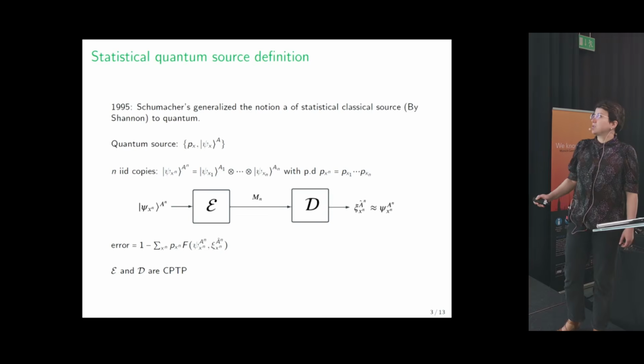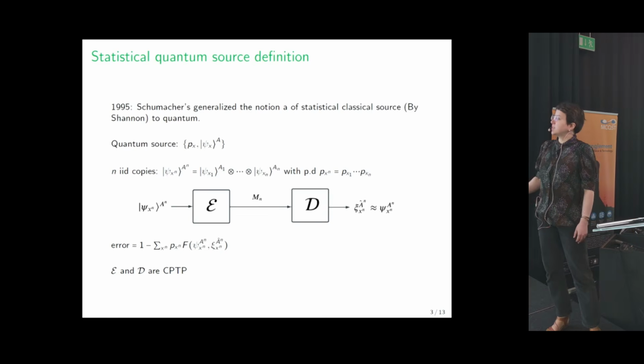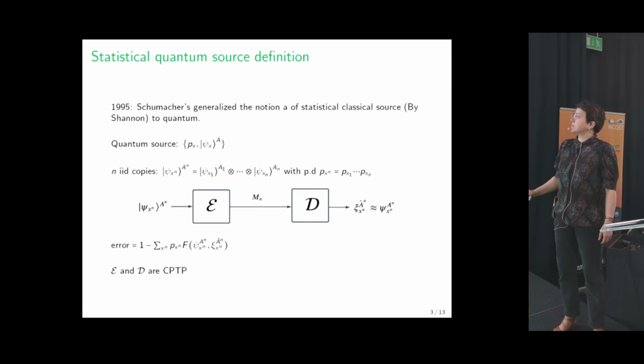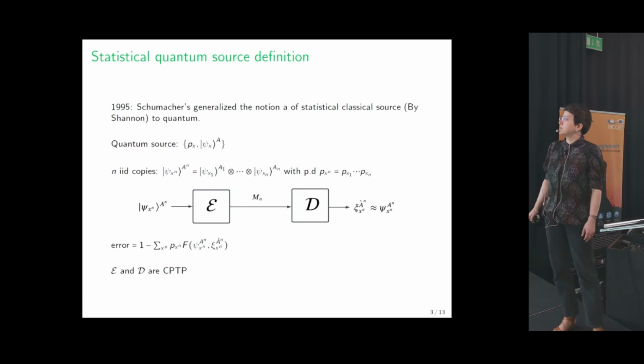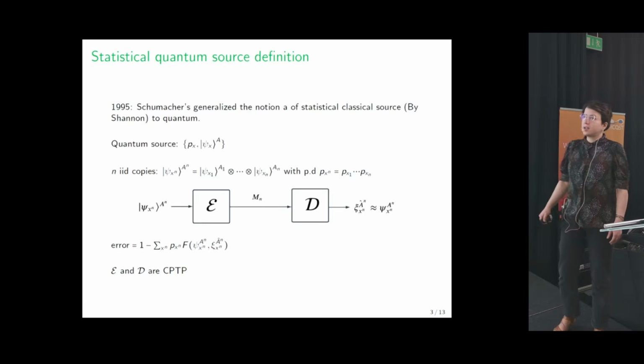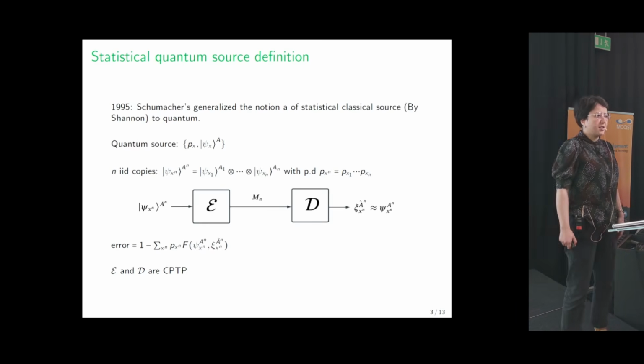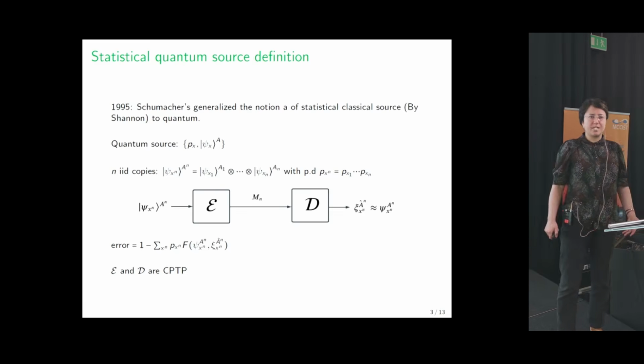He defined a quantum source as an ensemble of pure states. Let's imagine that we have a quantum source that emits IID copies from this set, where each of these states is coming from this ensemble with some probability distribution. Assuming IID copies is, of course, a very big simplification, but it's the first step to understand this problem.